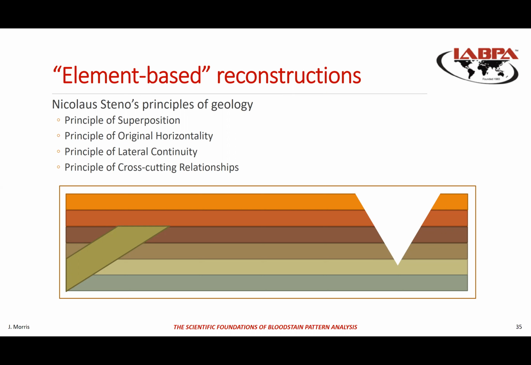So we have this principle of superposition. And if you have a layer of rock that is continuous for miles and miles, you know that that rock was deposited at the same time, even if that layer of rock was broken up and there's a gap in it. And so there are various principles of geology from Nicholas Steno that deal with reconstruction of things.